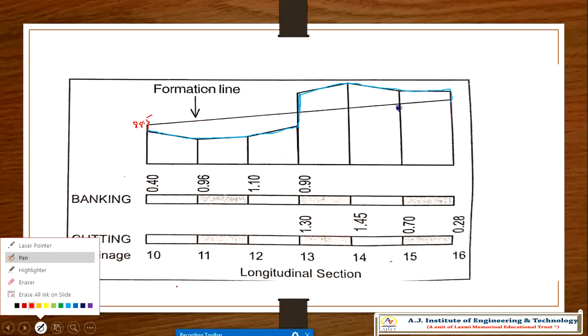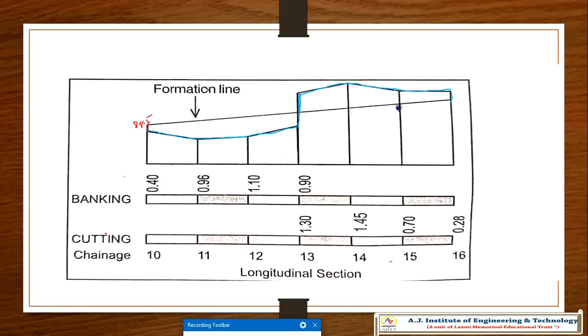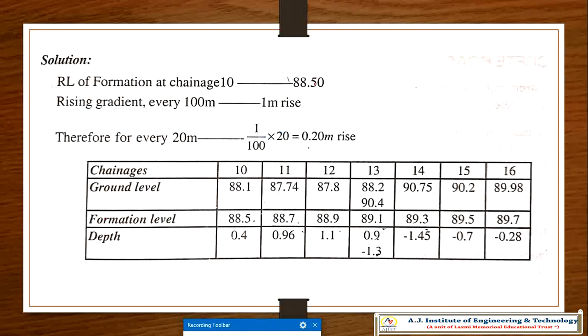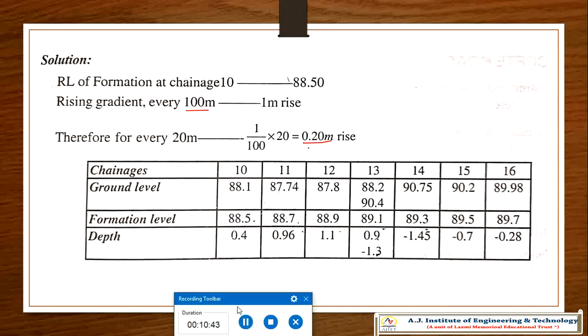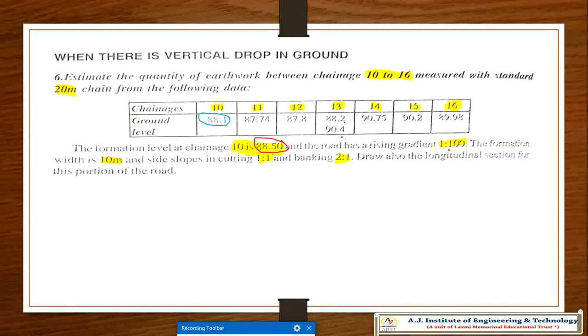Gradient of 1 in 100 means every 100 meter there is a 1 meter rise.